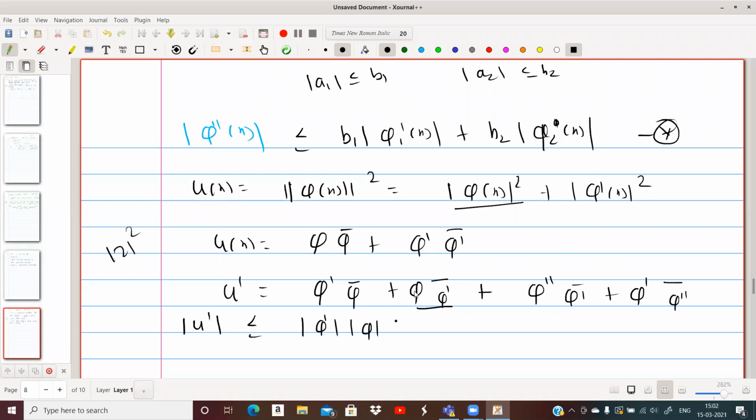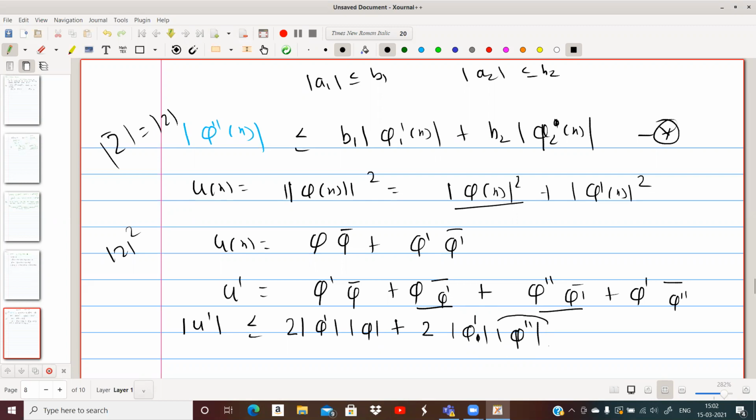Z bar magnitude and Z magnitude are one and the same. So we are applying the same logic. So it will be 2 times that, and another term is also 2 times, which term? 2 times phi dash into phi double dash.